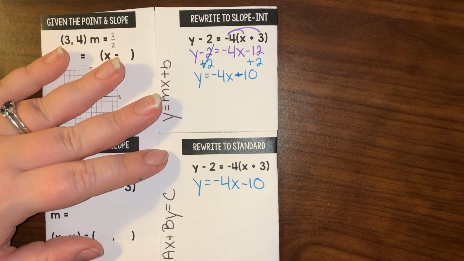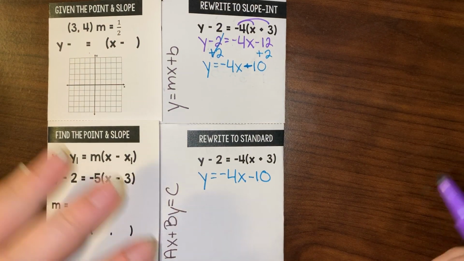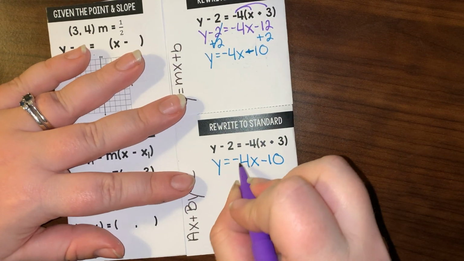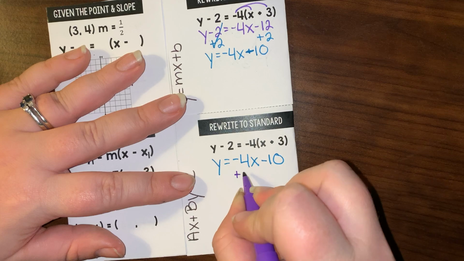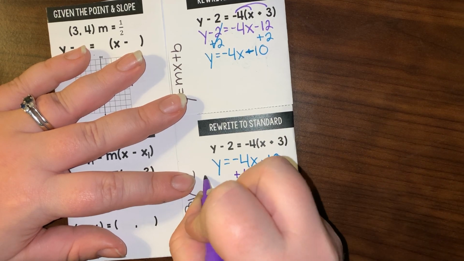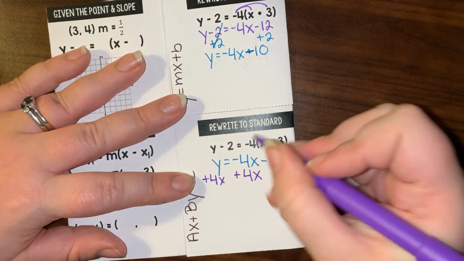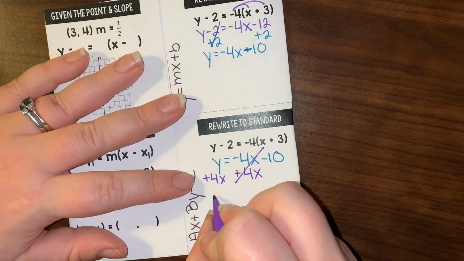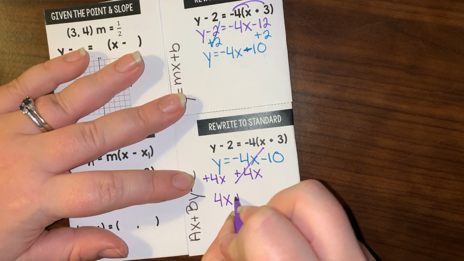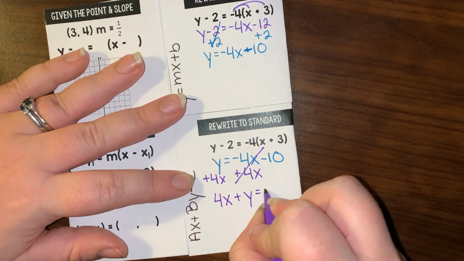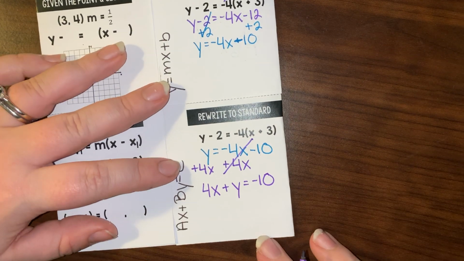Now what I can do from here is get x on the same side as y. Because this is negative 4x, I'm going to add 4x to both sides. So that cancels out, and I have 4x plus y equals negative 10.